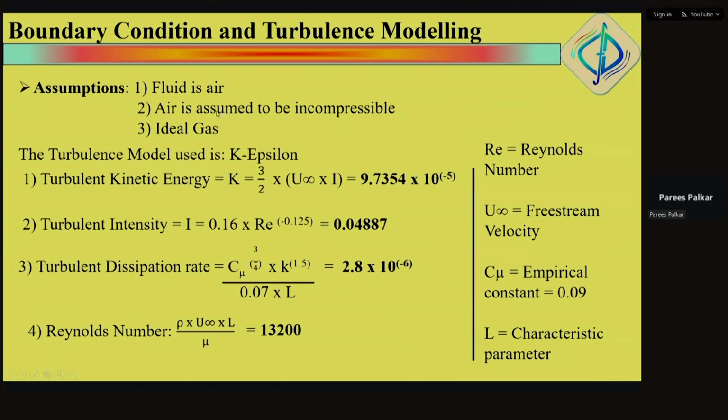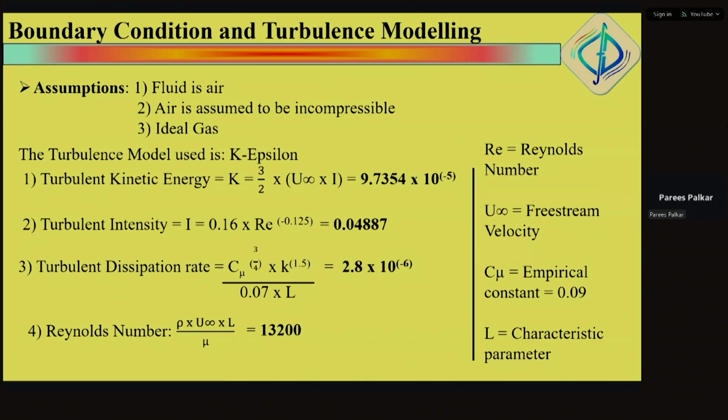The first thing is the fluid that we are simulating is air, and the air is assumed to be incompressible and an ideal gas. Here we are going to implement the K epsilon turbulence model. There are multiple turbulence models you can implement, say K omega, K epsilon, laminar, or various others. We can explore that later, but you can implement various turbulence models, and one which they have implemented is K epsilon.